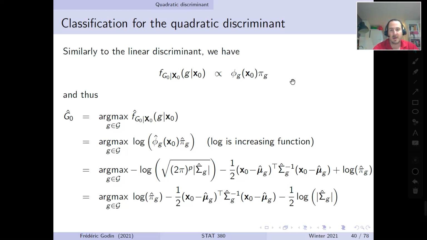So replace this by this, and we can also take the log, because the log is an increasing function. And exactly as we did, the log of this times this is the log of this plus the log of this. So this becomes the log of the Gaussian density plus the log of the probability. And here, to go from here to here, we have to notice that, okay, let's show that here.